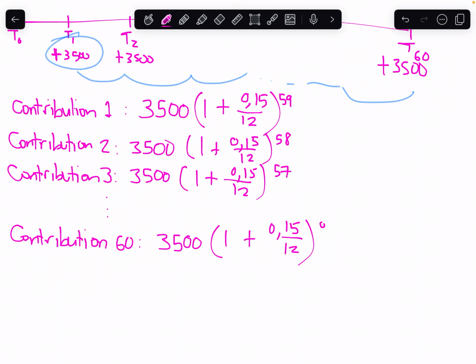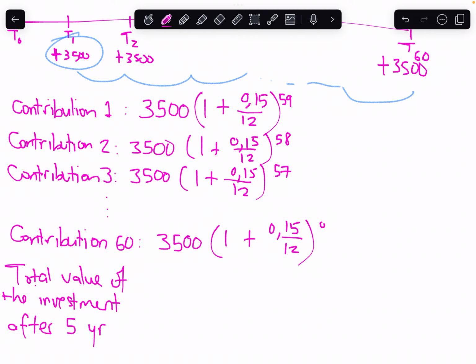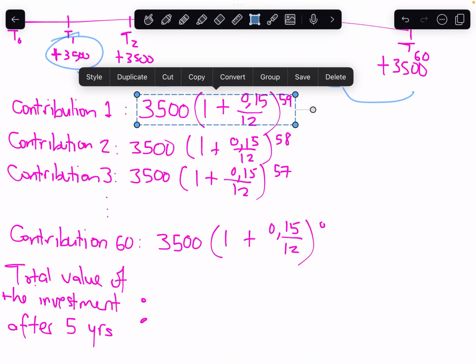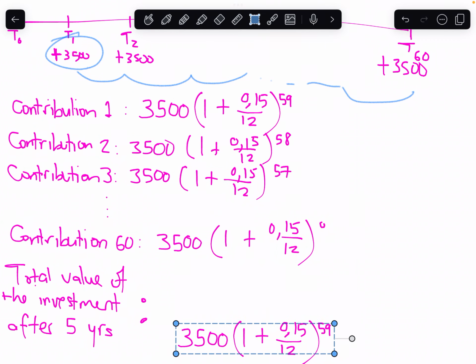So the total value of the investment after 5 years is going to be, and this is where I really want to be completely lazy and just use the fact that I don't have to write this down on paper.